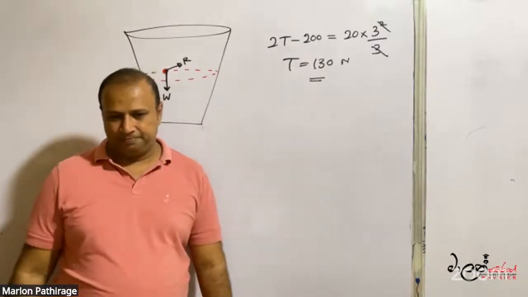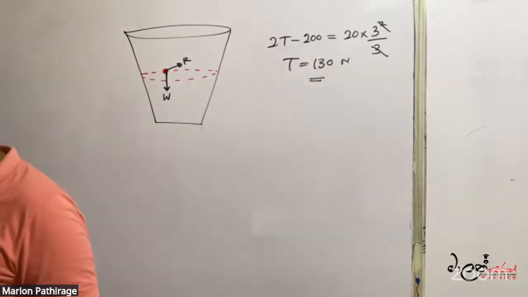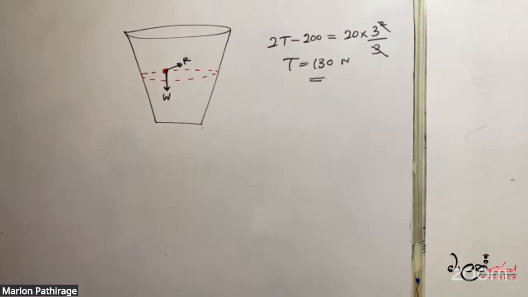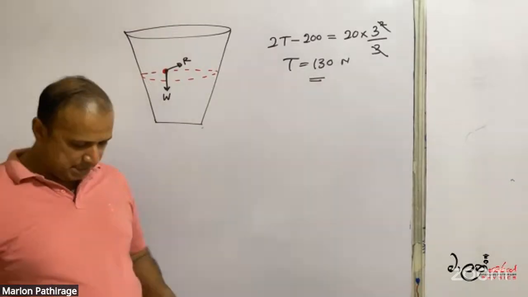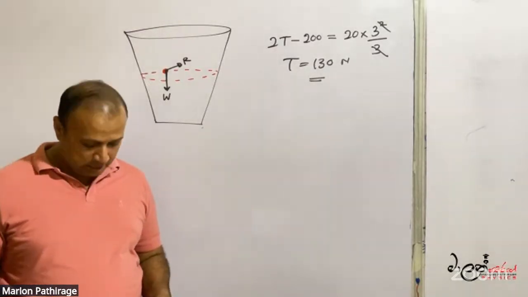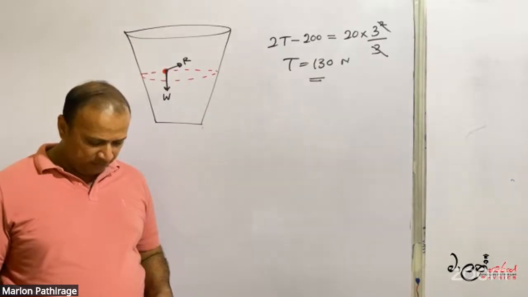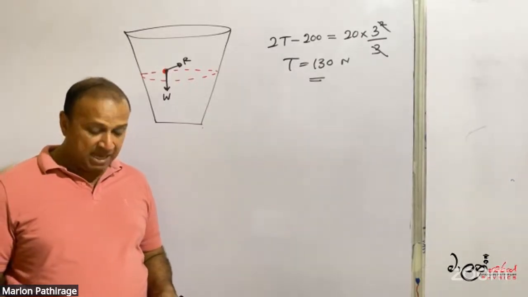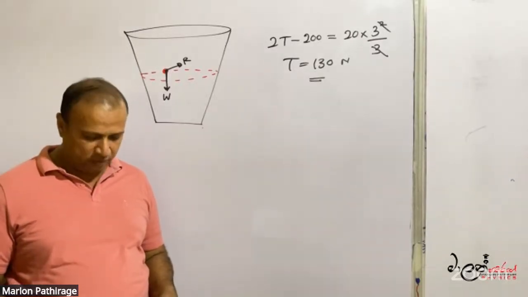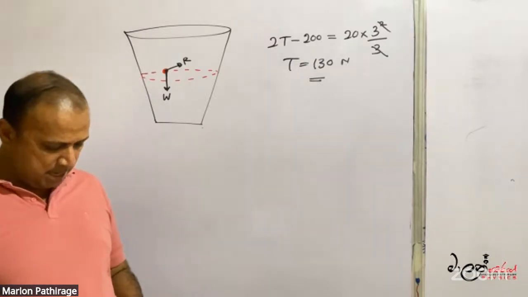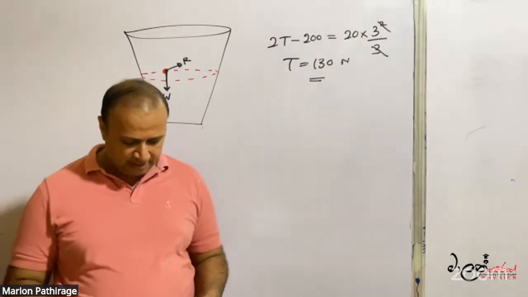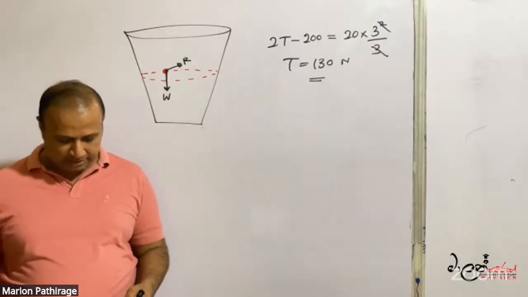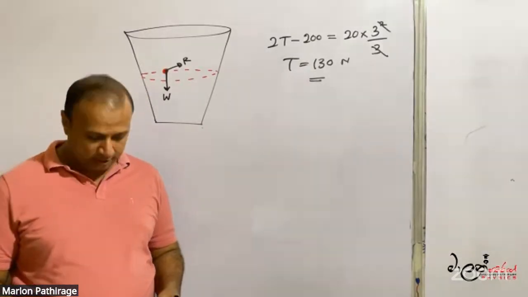Okay. The next question, the seventh one. A toy car connected to a fixed point by an elastic string, as shown in the figure, travels in a horizontal circle of radius 2r.